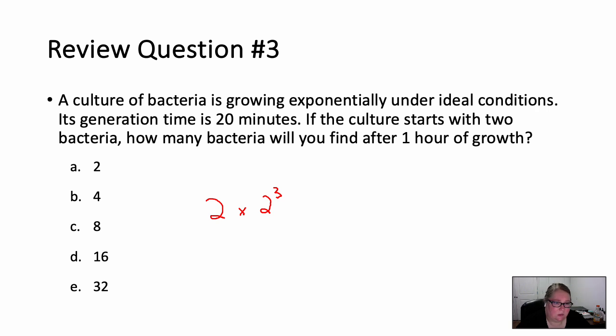Basically we have 2 times 2 times 2 times 2. So 2 times 2 is 4, times 2 is 8, times 2 is 16. So the answer is D. Definitely know how to do this for the next exam.